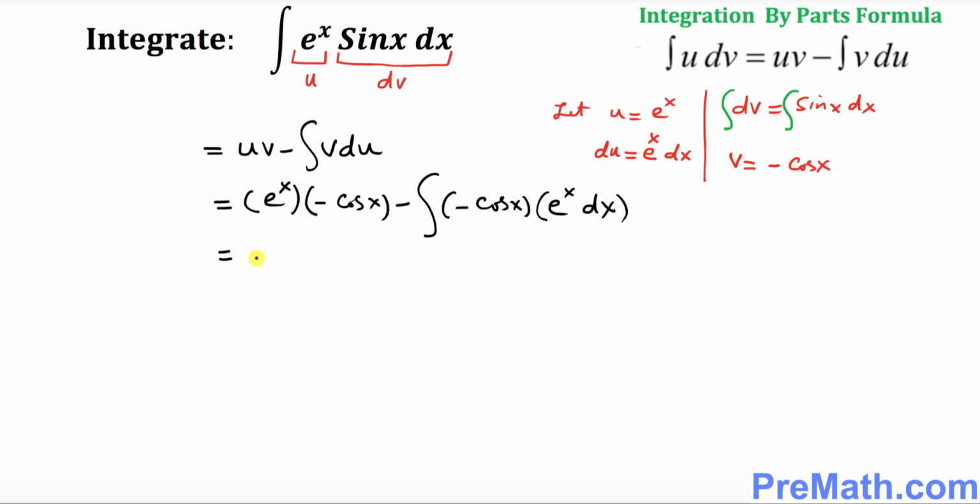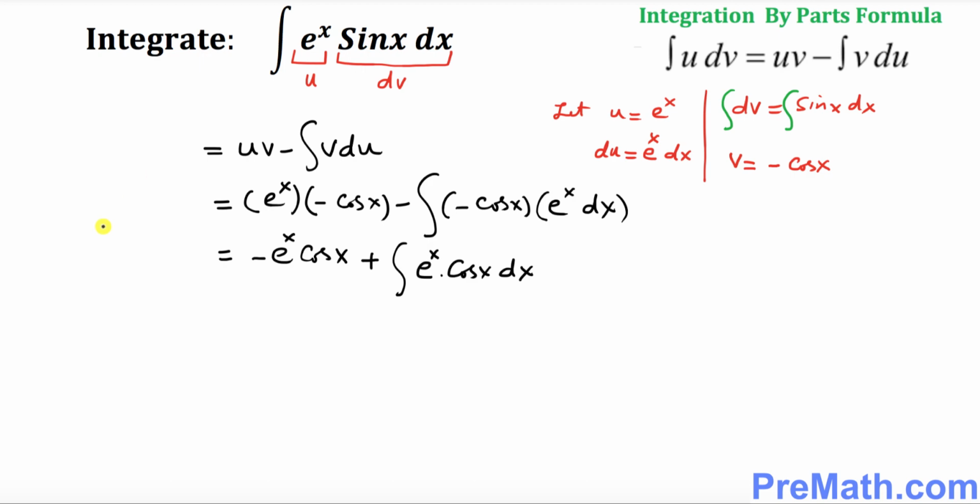I can write this one with the negative outside: e power x cosine of x. See, this negative and negative become positive. I can write positive, and the integral of e power x at first, and then I'm going to write times cosine of x dx.